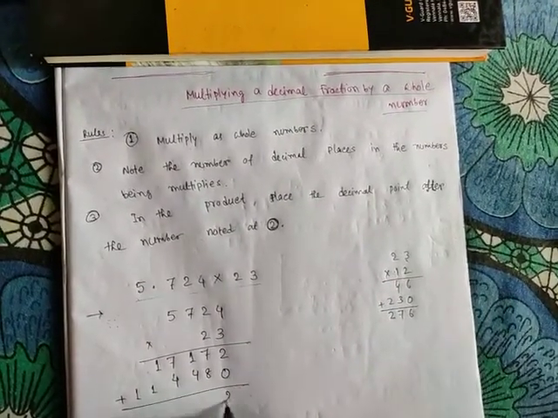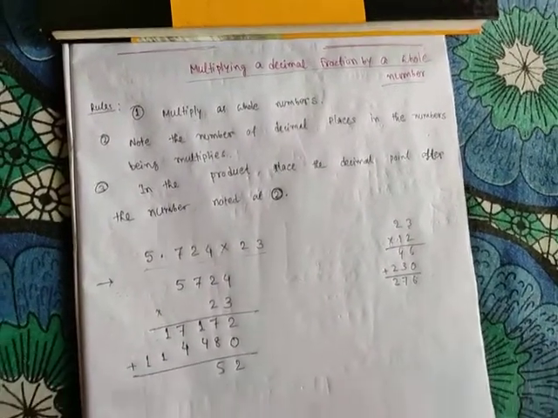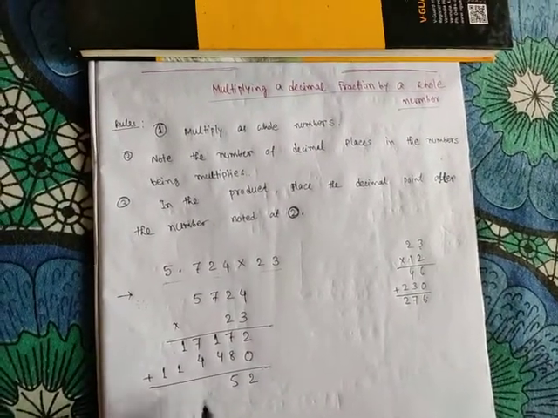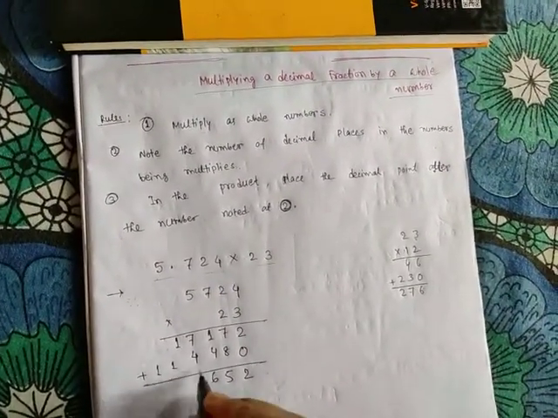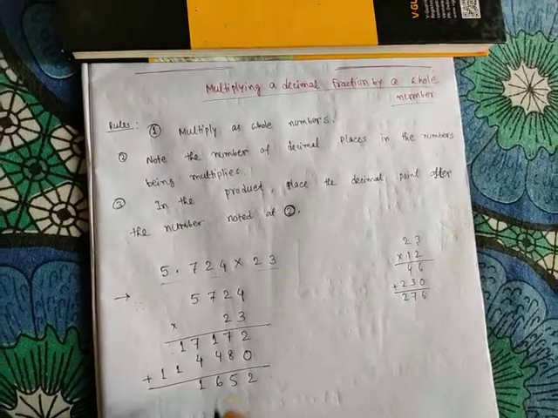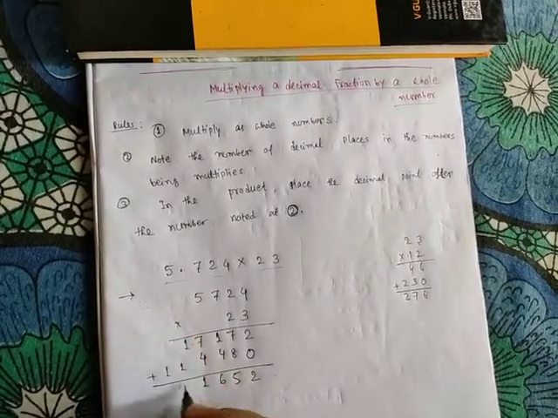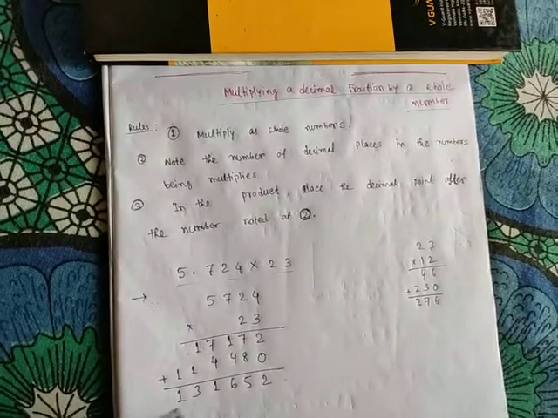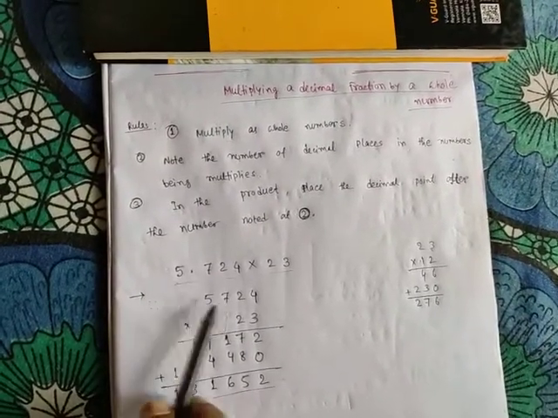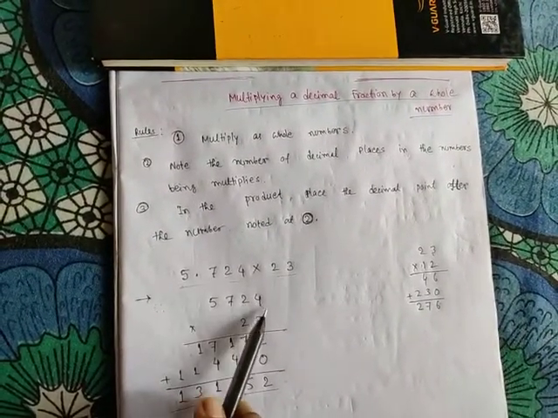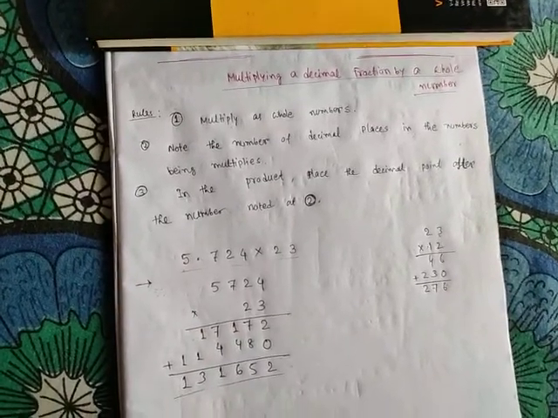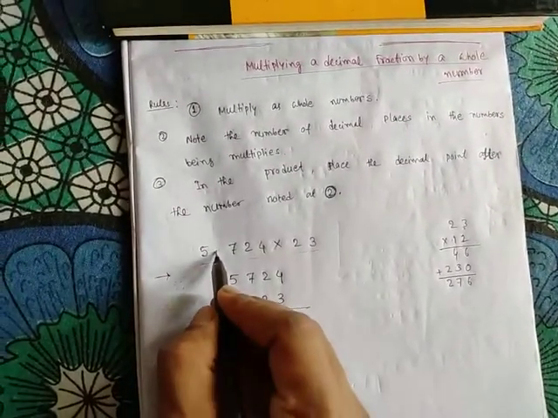After addition we get the result. So this is the multiplication between 5724 into 23. But here there is a decimal point, so what did I say?